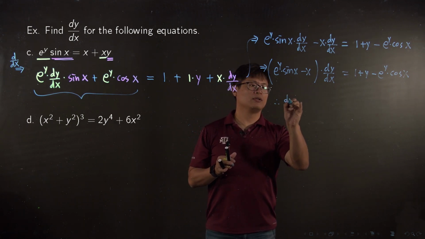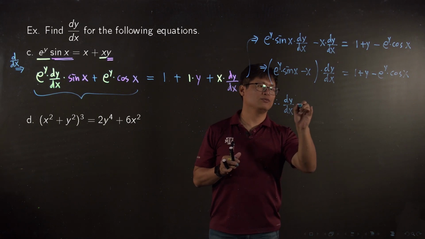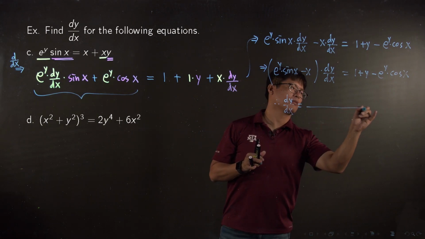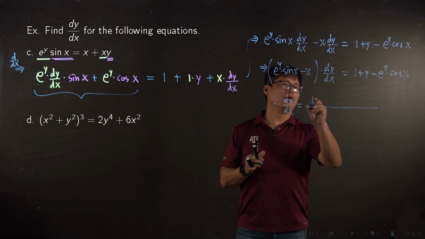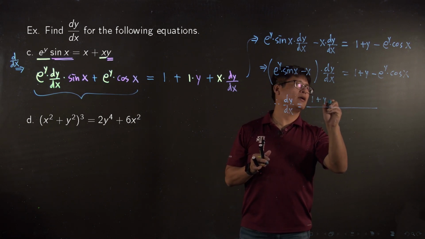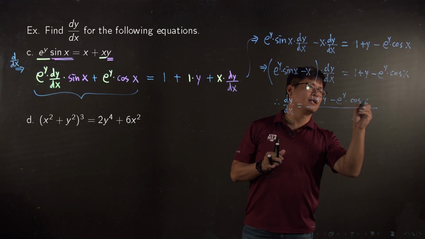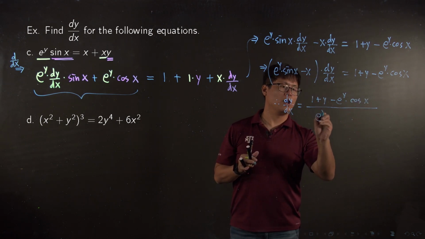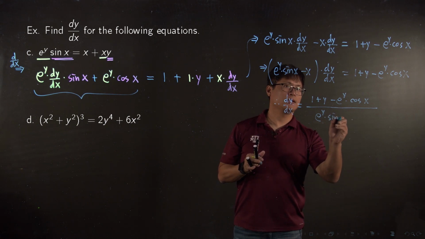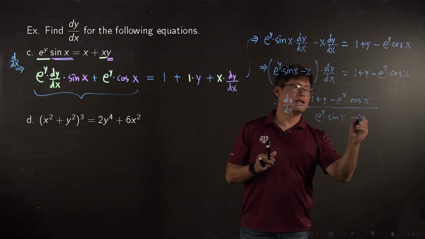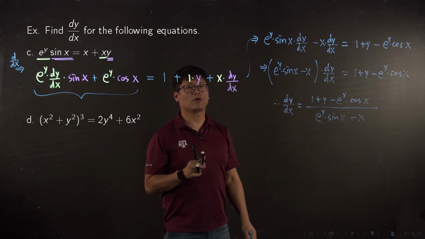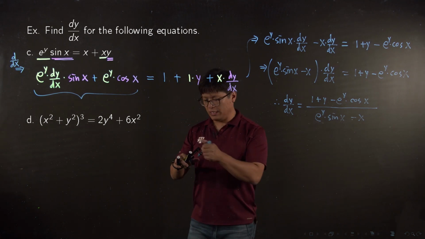Then your dy dx is equal to 1 plus y minus e to the y times cosine x over e to the y sine x minus x. That's it.